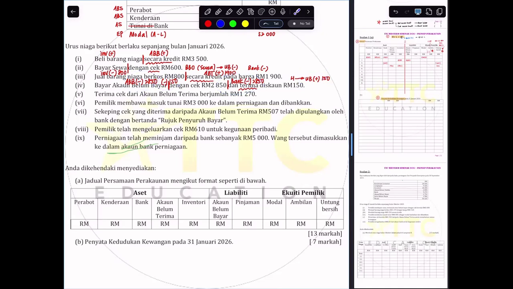So how much do I need to minus my ABB in total? How much? I minus ABB twice. On top of the 2,850, I minus another 150. So how much do I need to minus my ABB in total?